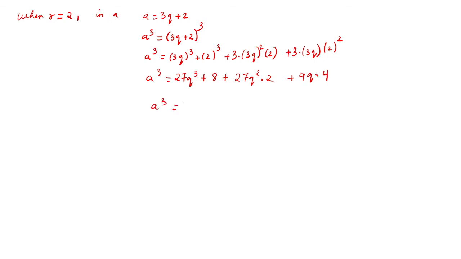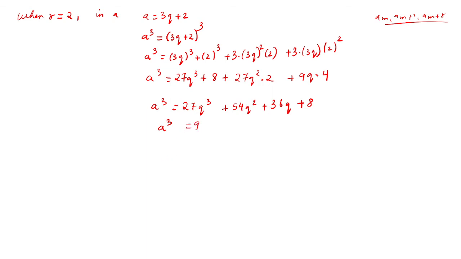Now bring all the terms together. So 27q cube, then 27 into 2 gives you 54q square, 9 into 4 gives you 36q, plus 8. I'm just rearranging them. Try to go back to what the question is asking: 9m, 9m plus 1 and 9m plus 8. Some of you may already see a pattern here.